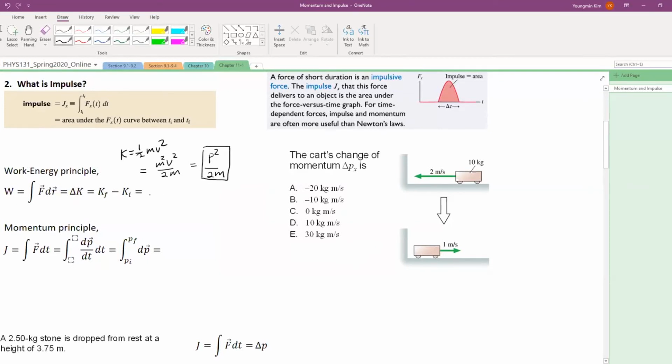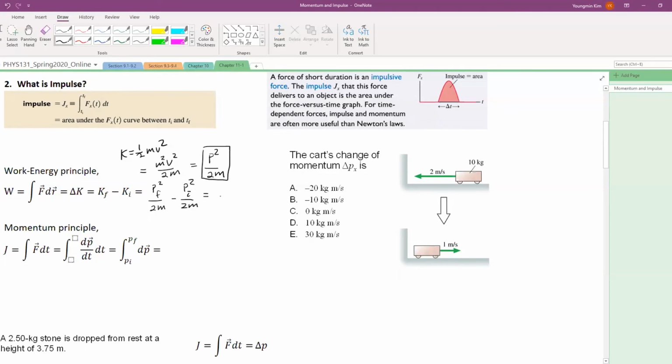Now, knowing that, take a look here. The change in kinetic energy is the final kinetic energy minus the initial kinetic energy. That means I take the final momentum squared over 2m minus the initial momentum squared over 2m.